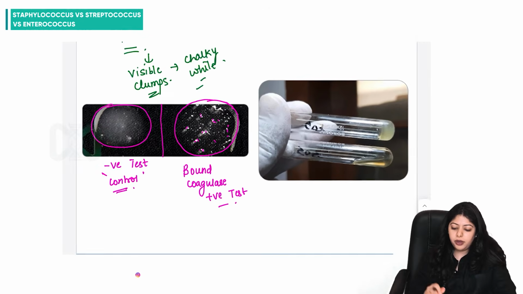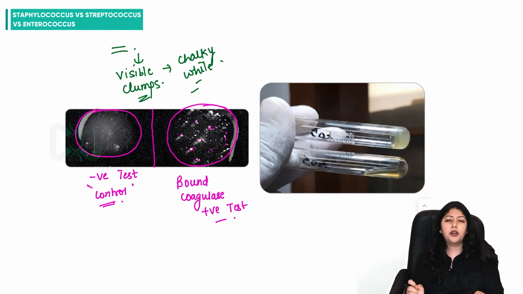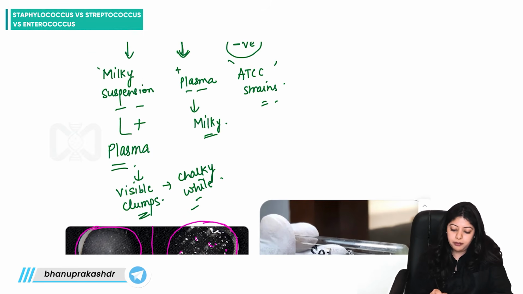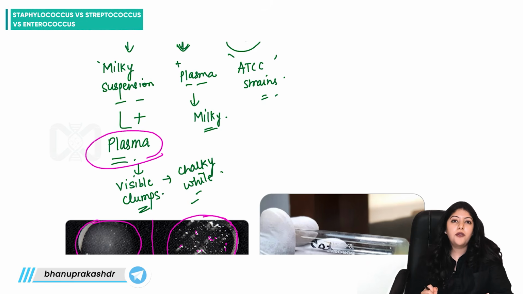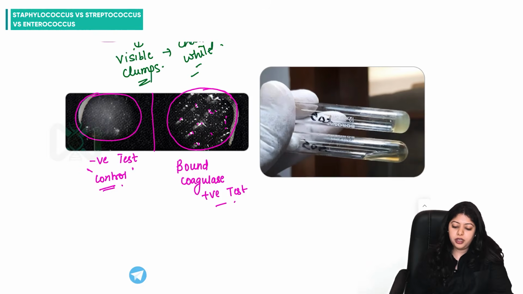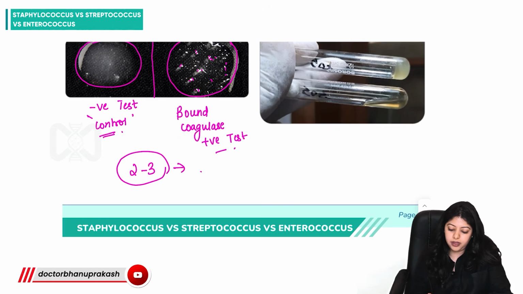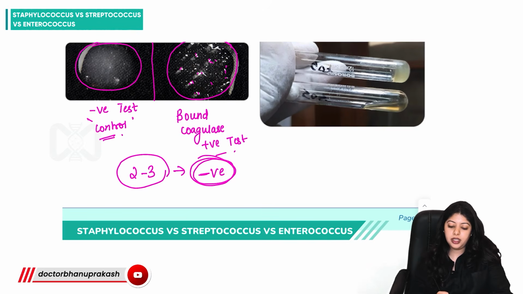And how are we going to appreciate the formation of these aggregates? After adding this particular plasma, we are going to rock the slide to and fro for around 2 minutes, right? And if there is no formation of clumps or aggregates after 2 to 3 minutes, then we are going to consider it a negative test, right?